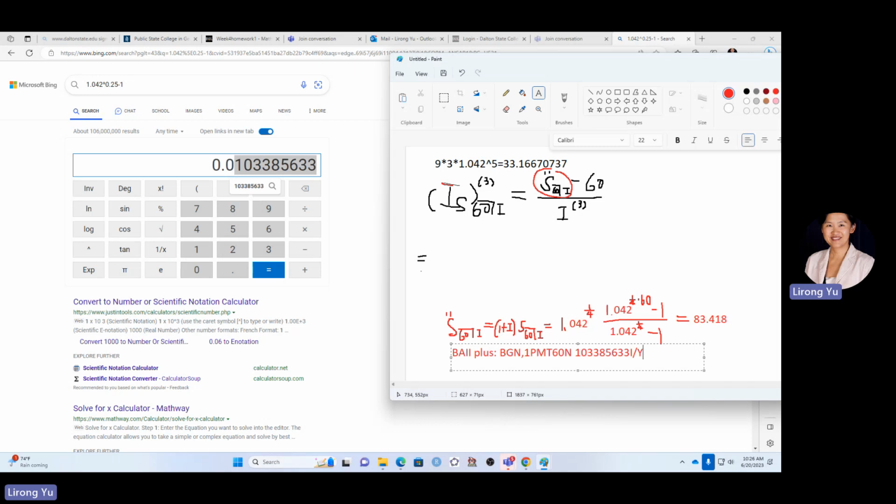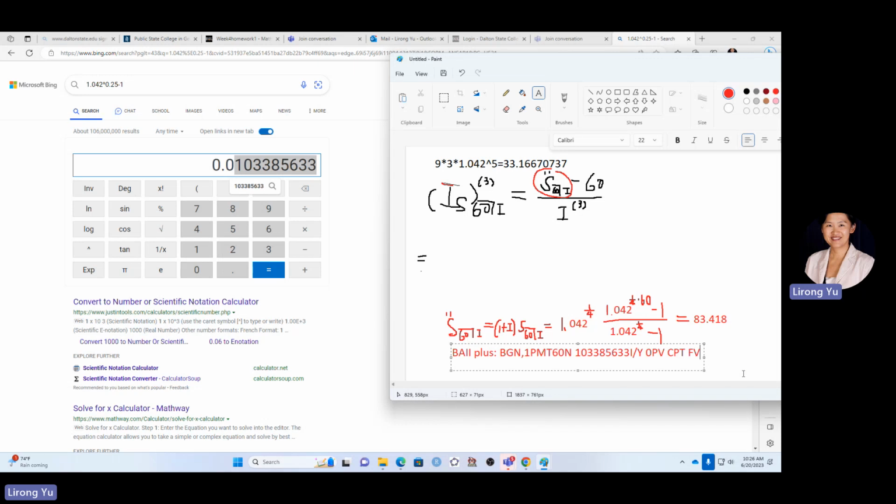And we want to find the future value. So we make 0 our present value. And then calculate the future value. That should provide our final answer. Let me try it on my calculator. 1 for payment and 60 for N, to double check if it's the same.